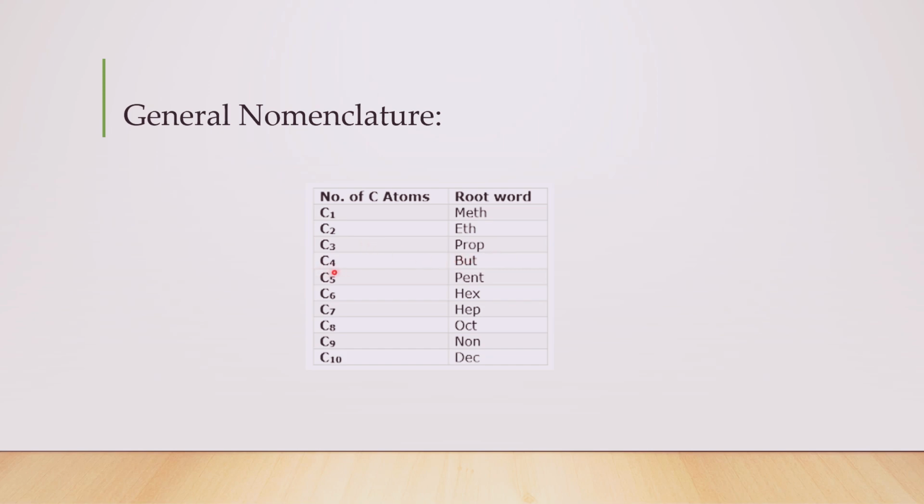For four carbons, it is but. For five carbons, it is pent. For six carbons, it is hex. For seven carbon atoms, it is hept. For 8 carbons it is oct, for 9 carbons it is non, and for 10 carbons it is dec. These are the root words for the number of carbon atoms.